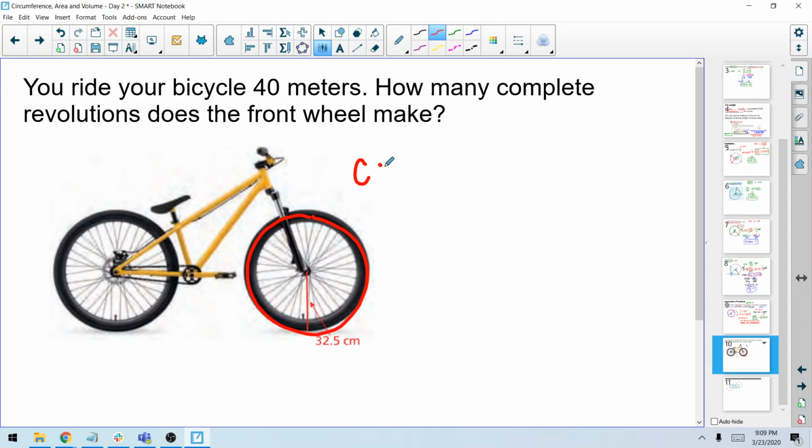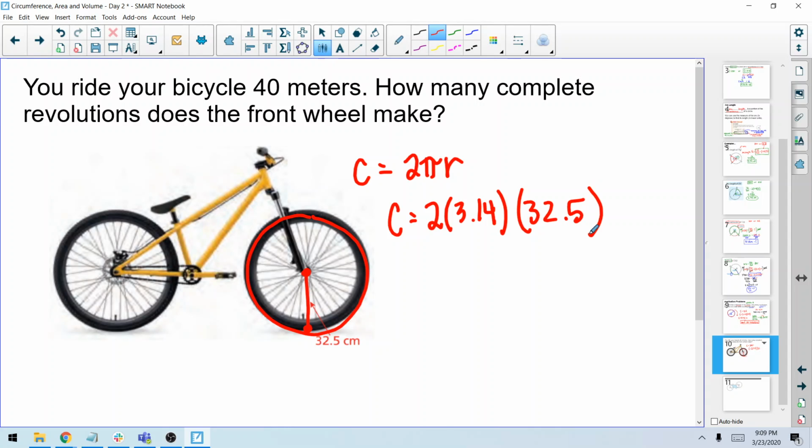So circumference equals 2 pi r or pi d. So look at what we're given. This time, we're only given half, which is the radius, so 2 pi r. Circumference equals 2 times 3.14 times my radius, which is 32.5 centimeters.